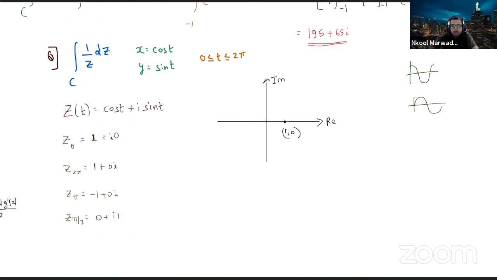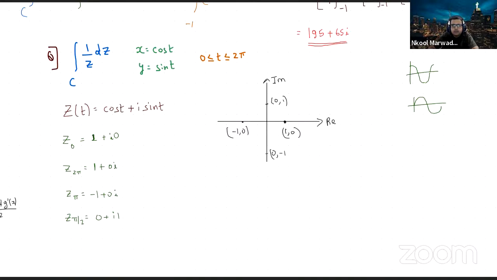Then 0 comma 1, and you can take 3 pi by 2 also.